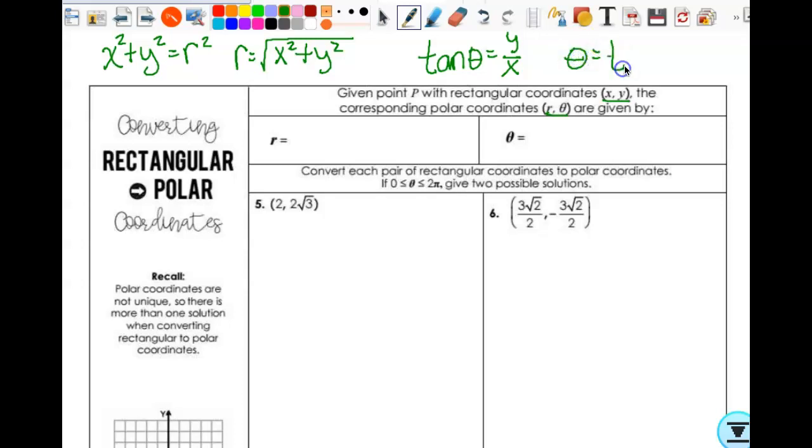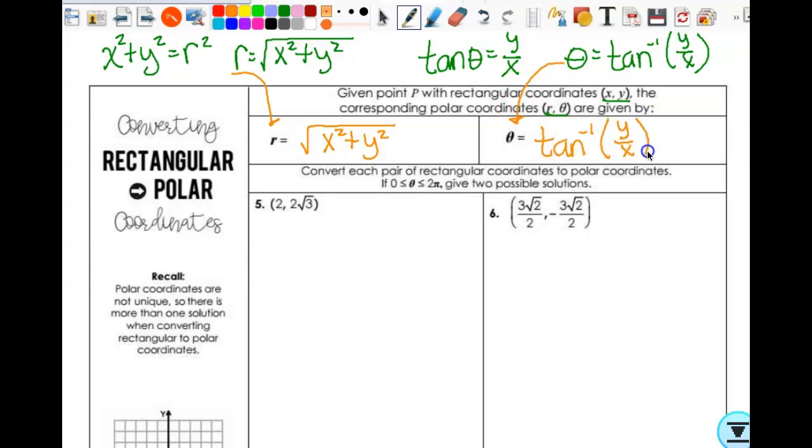So theta would be the tangent inverse of y over x. So this goes in right here, square root of x squared plus y squared. This goes in right here, tangent inverse of y over x.